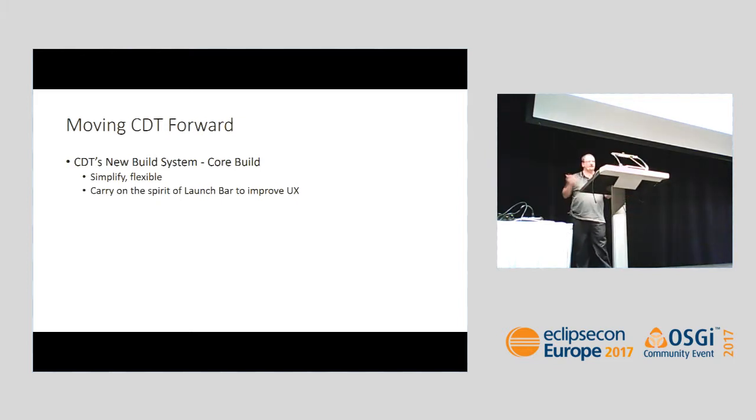But when you're a beginner C++ developer, you just want something that you can quickly get up and going. So we do a lot of things with the launch bar, which I'll show a bit more, and the build system is in that same light, where we want to generate build configurations automatically and not have the user have to worry about that.